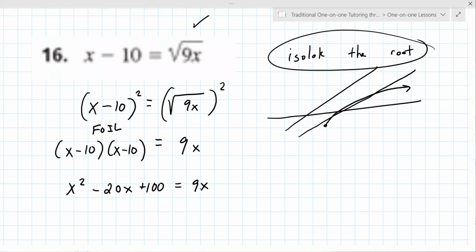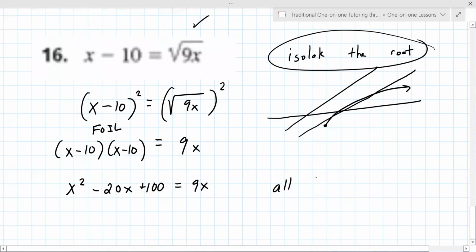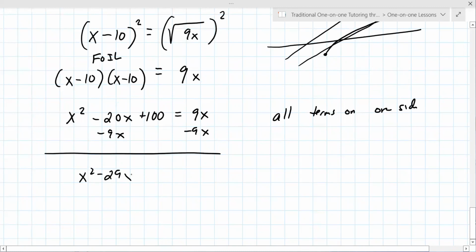If you have questions on FOIL, please let me know. We're going to probably do a few of them tonight, but we've done them in previous lessons as well. Okay, so now your goal is to get all terms on one side of the equation. So I'm going to subtract 9x. That gives you x squared minus 29x plus 100 equals 0.